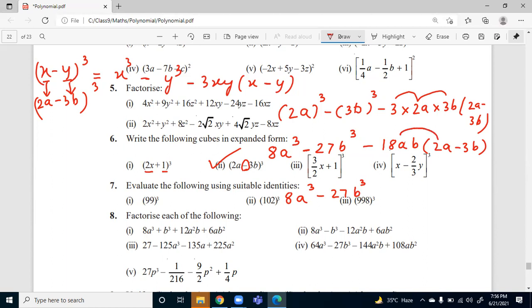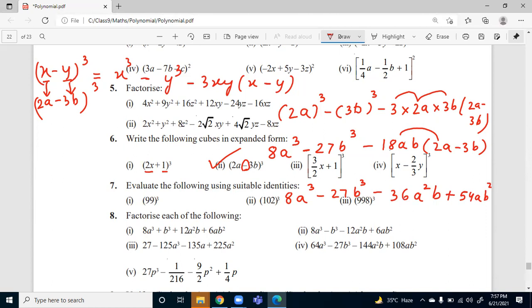Now multiply this by 2. So you are getting 36a square b. 18 twos are 36. A into a is a square b. And minus will give plus. 18 threes are 54, so ab, and b into b is b square.